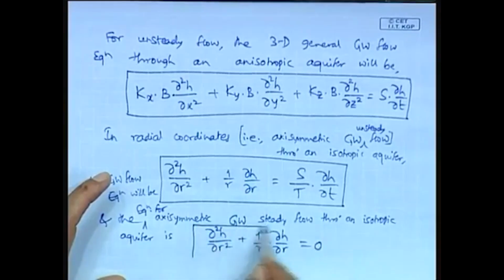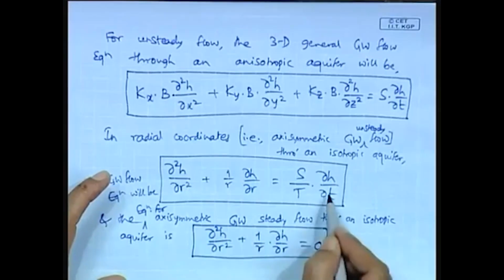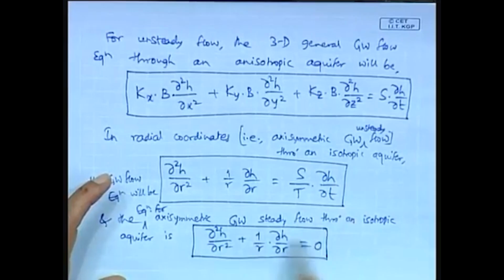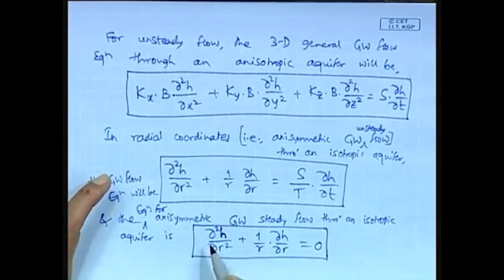In this case the flow is steady, so this dh by dt term becomes 0, so the right hand side becomes 0. So, this is obviously the Laplace equation, its equivalent in the cylindrical coordinate system or the radial coordinate system.